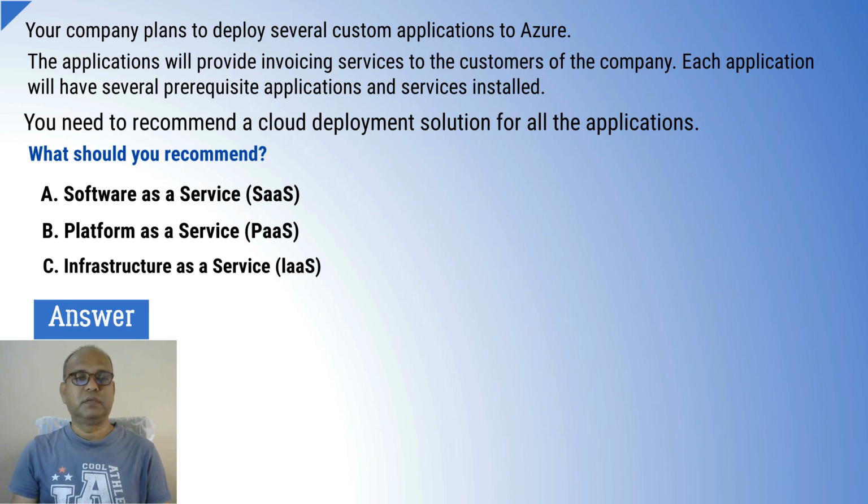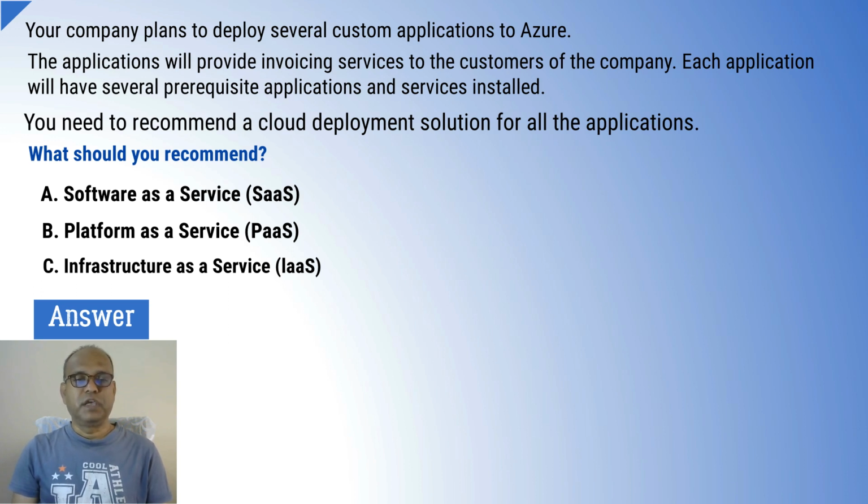Option B, Platform as a Service (PaaS) is a complete development and deployment environment in the cloud. PaaS includes infrastructure including servers, storage and networking. PaaS is designed to support the complete web application life cycle: building, testing, deploying, managing and updating. Therefore, this option is not correct.